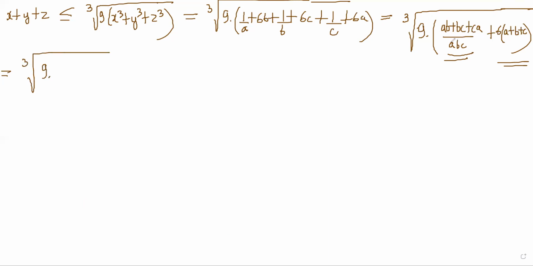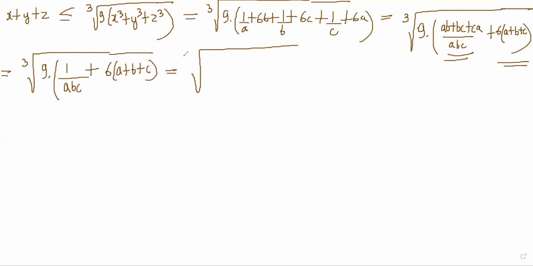Since ab plus bc plus ca is given to be 1, we get 1 by abc plus 6 times (a plus b plus c). So we can write it as the cube root of 9 times (1 plus 6abc(a plus b plus c)) divided by abc, right?